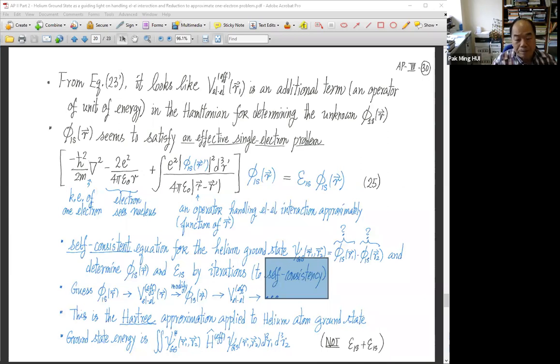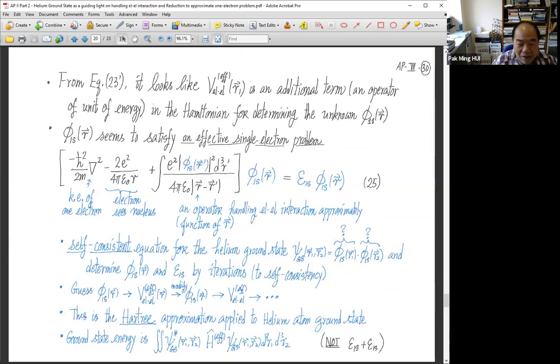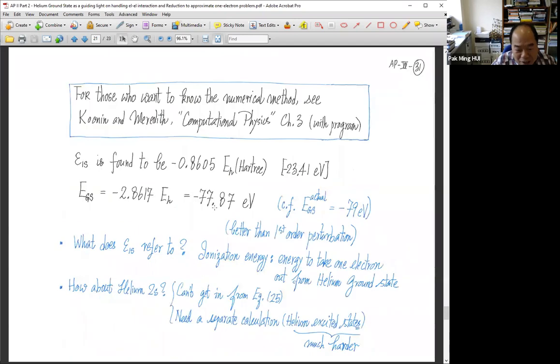Now, let me tell you something even worse, when you have two different states. Let me tell you the answer. Someone has done this for the helium atom ground state, doing convergence, trying the very best, with the best physicist and the best computer you have.